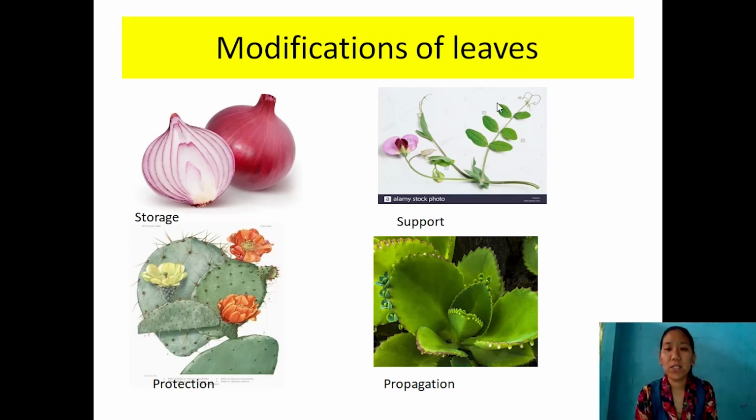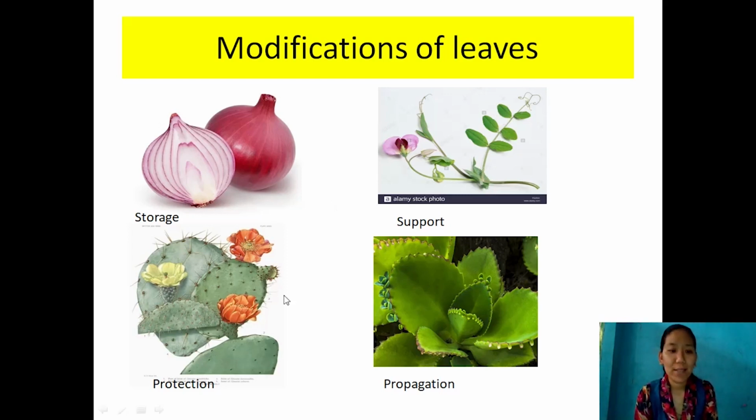So this is for support, tendrils. These are modified leaves here. Tendrils can be a modified leaf, or they can also be a modified stem. The modified stem we have already discussed in the previous topic.